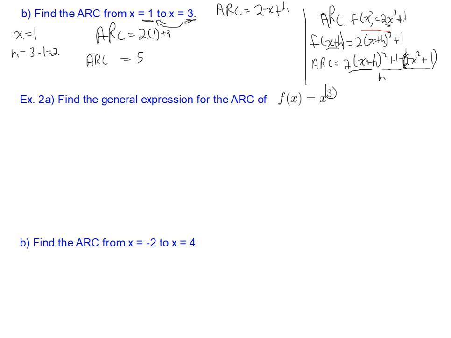So we were trying to find the average rate of change here. So the average rate of change is f at x plus h minus f at x, and all of that gets divided by h. So I'm going to start over here by writing down what is f at x plus h. Well, f at x plus h just means substitute an x plus h everywhere we see an x in the function.